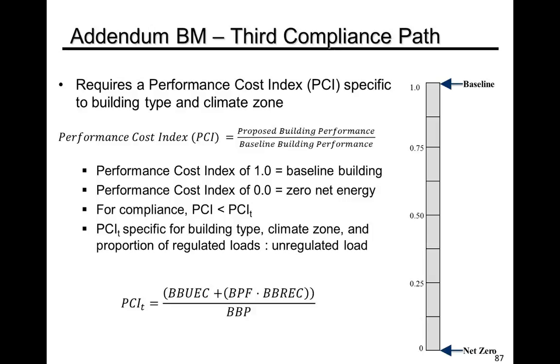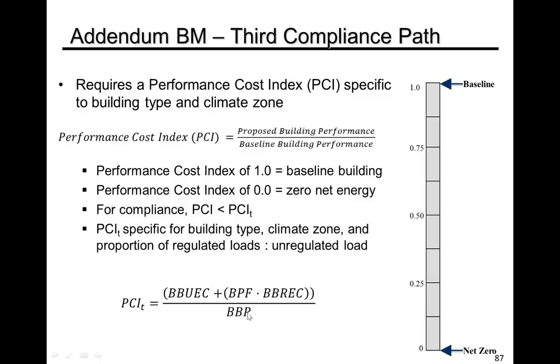The performance cost index target equals the baseline building unregulated energy cost plus the building performance factor times the baseline building regulated energy cost, divided by the baseline building performance. These two terms, the baseline building unregulated energy cost and the baseline building regulated cost, deal with the normalization for the proportion of regulated to unregulated loads.